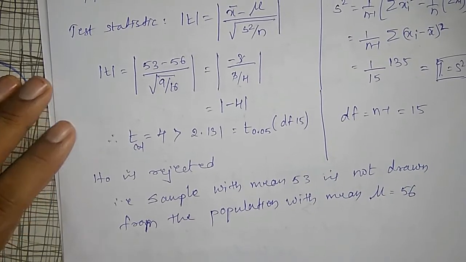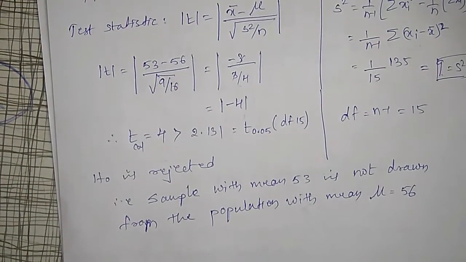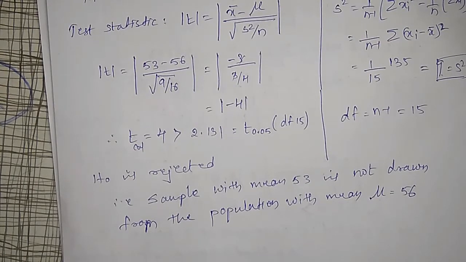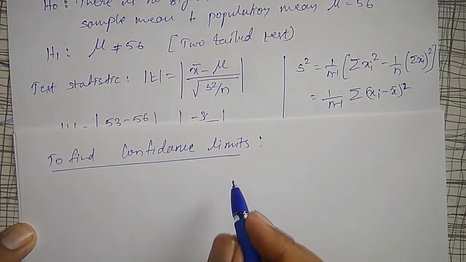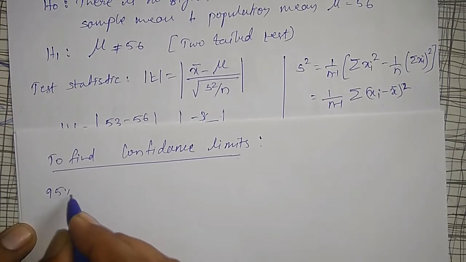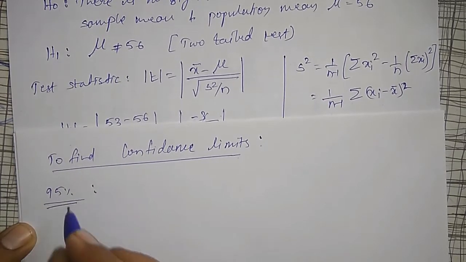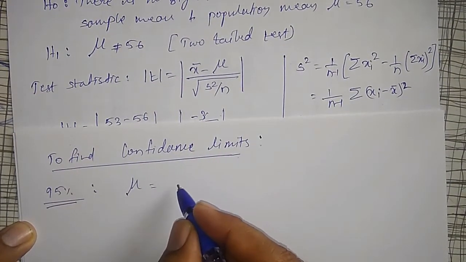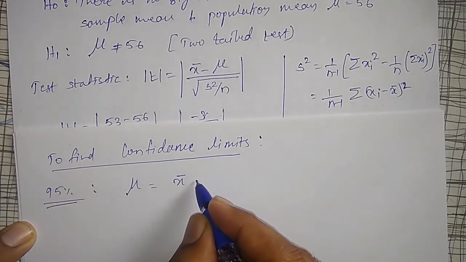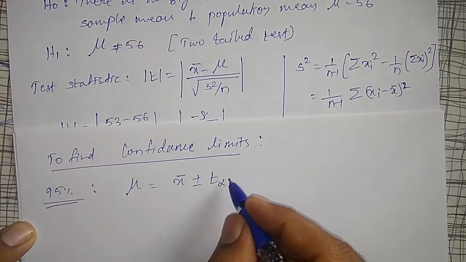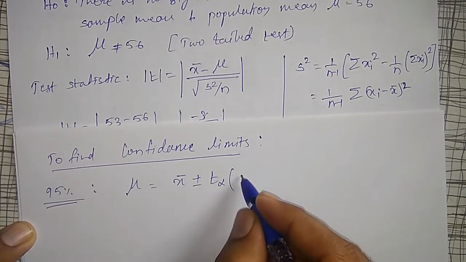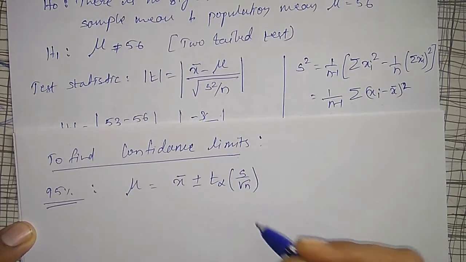Okay, using this I have to find out the confidence interval, which I have to calculate here. Now to find the confidence limits, first for the 95% level. That is given by mu is equal to x bar plus or minus t alpha into s divided by root n.